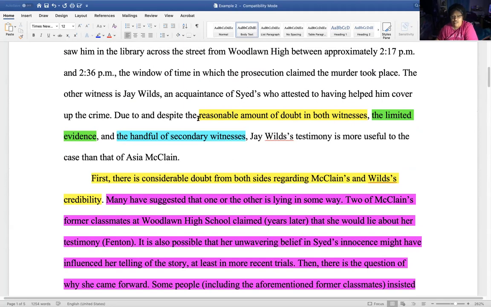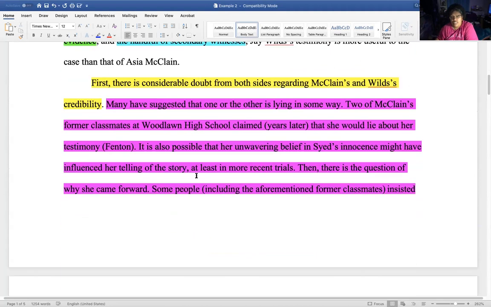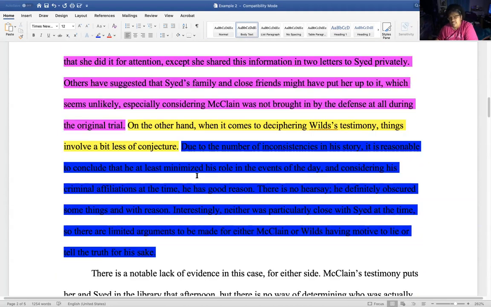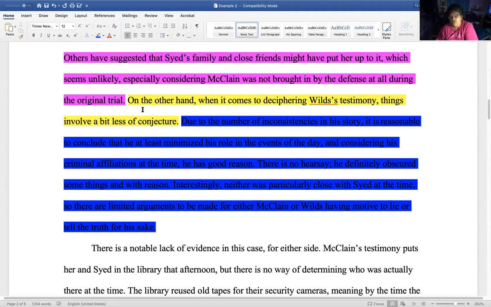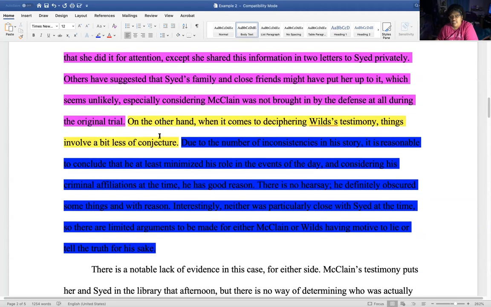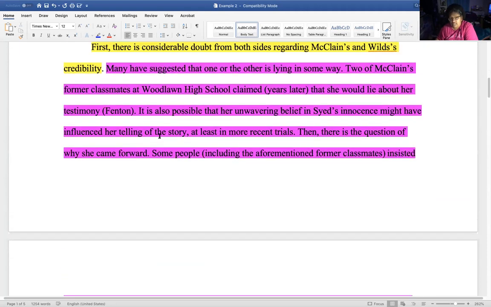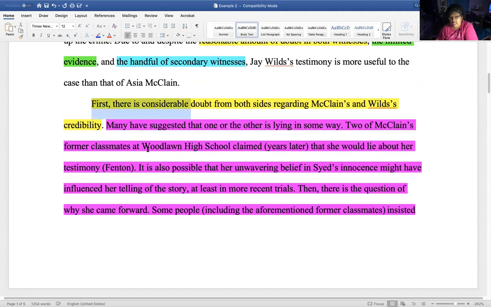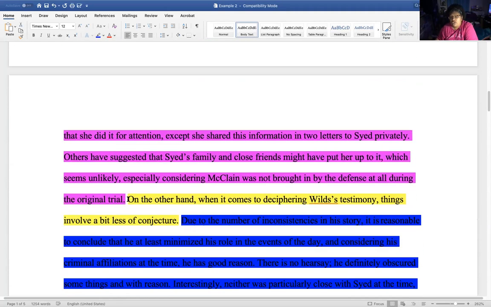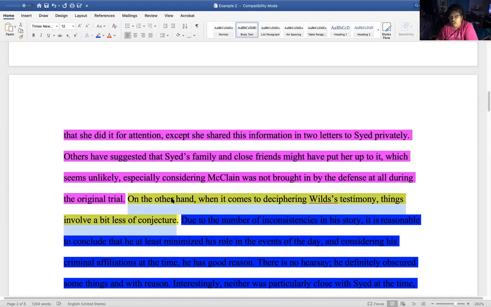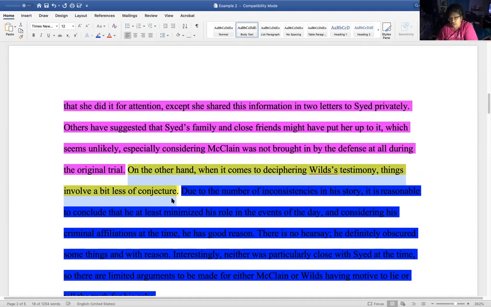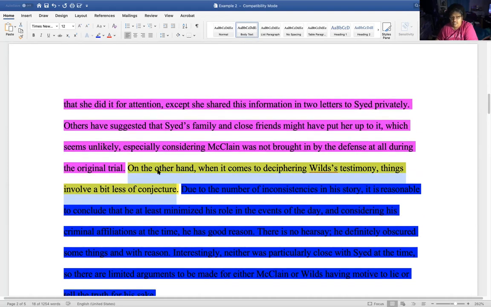So we have reasonable doubt. Is this paragraph about reasonable doubt of both witnesses? Yes, it is. And so we have that, and there is indeed a topic sentence and a sentence with a transitional phrase where you're going to say, despite this, or on the other hand, or in contrast, right?